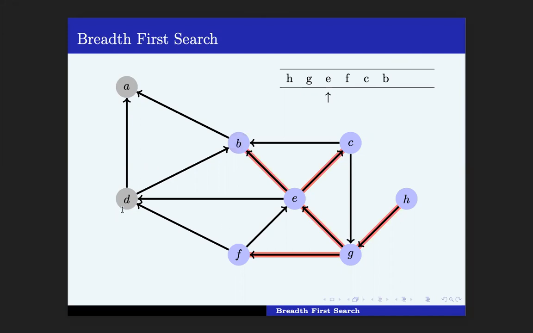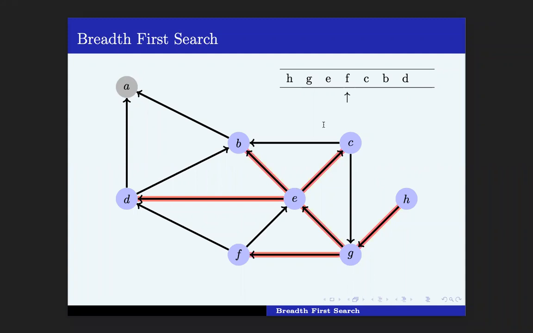Any other one? D is also gray, so I put it in the queue and color it red. At any point of time, I'm looking at the first element in the queue, going over all its neighbors. If they are gray, I put them in the queue and color the edge.